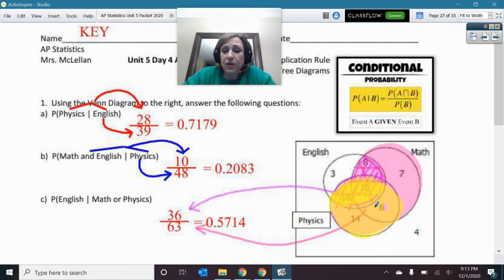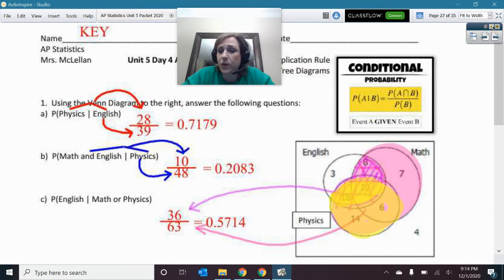Out of that 48, hopefully I added correctly, sometimes that's a questionable thing, what proportion is the physics or math and English section? If you are in the physics circle, I want to know the part that also is math and English, that's you being all three. So that's this little piece here, that 10.